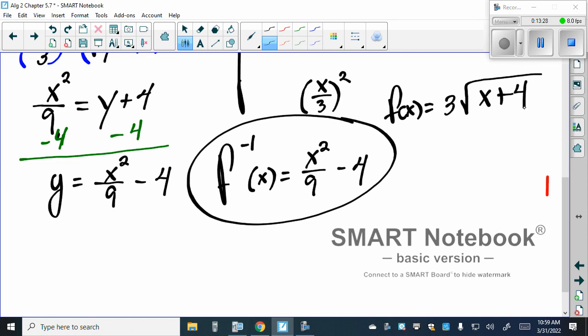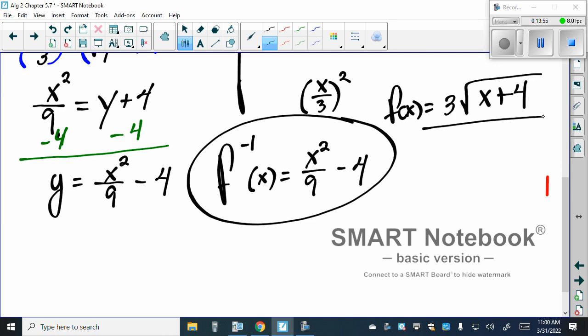Now, if we plugged a number into this, the first thing we would do is add 4, then take the square root, and then multiply that by 3, yes? So we're going in kind of a reverse order. So what is the last thing I would do to this function? I would times it by 3, yes? We're going the opposite, so I wouldn't multiply, I would divide by 3.